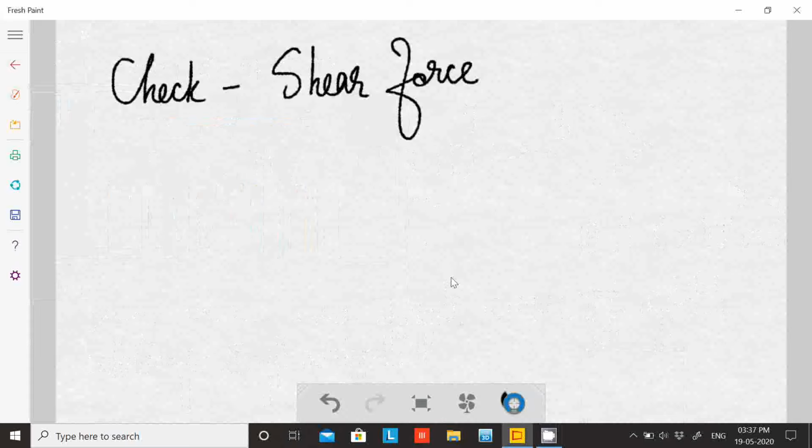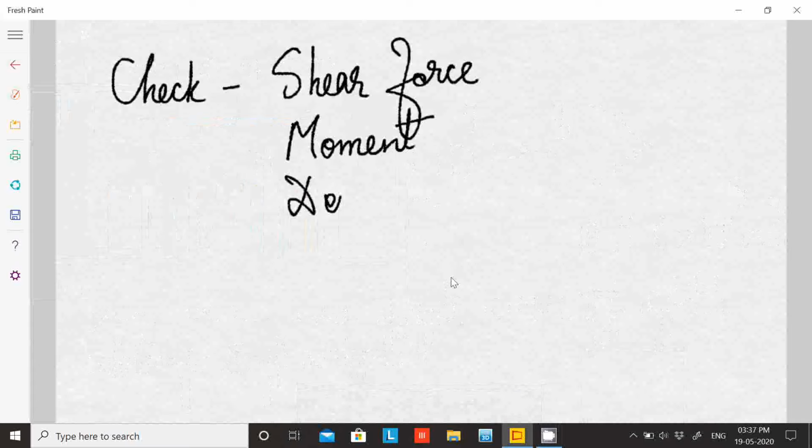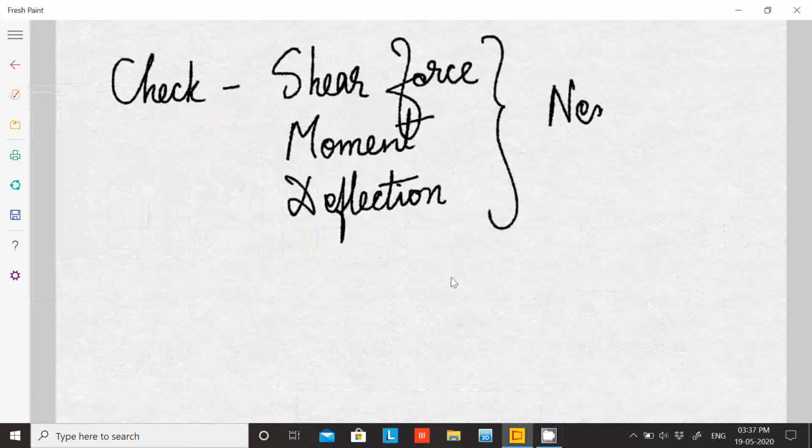Then we'll be checking for safety against shear force, moment and deflection. So that we will be doing in the next class. Okay, thank you.